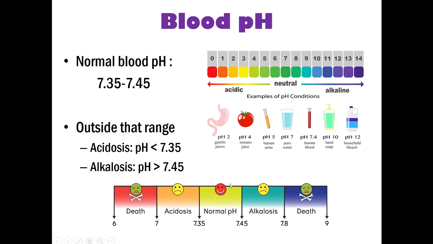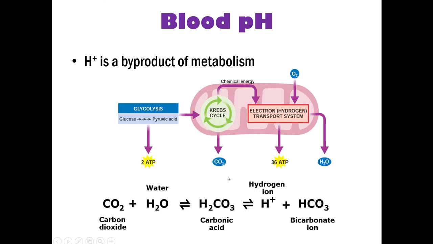So we really do need to keep our blood pH in a very, very narrow range. And part of the reason that we have to have regulatory mechanisms for pH is that the hydrogen ions, of which pH is a measure, are a byproduct of our body's metabolism.